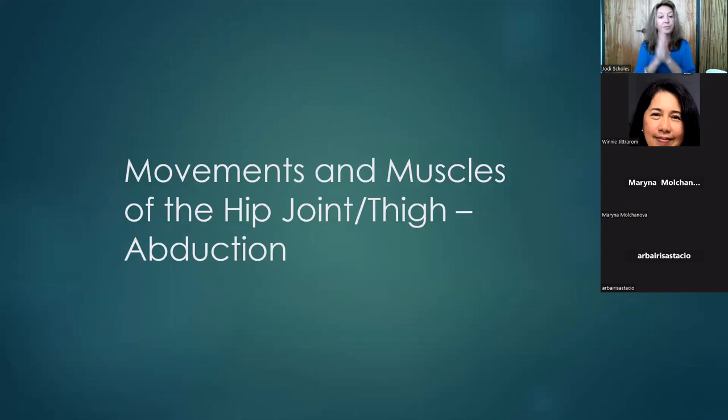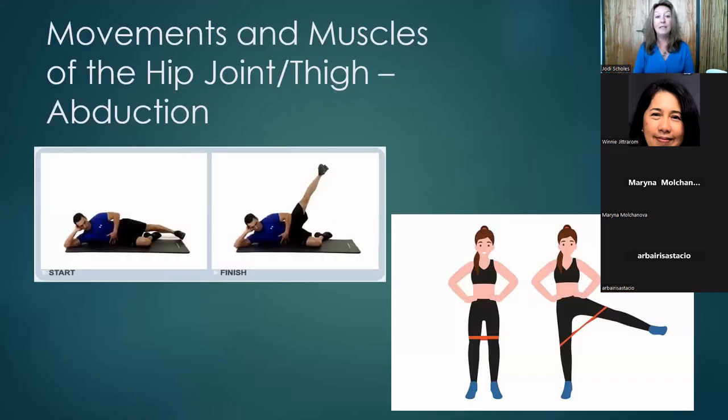All right. So let's look at abduction and adduction. Movements and muscles of the hip. Again, the coxal joint. This is an image of abduction. You can do that in the horizontal plane, the transverse plane, laying down, or you can do that standing up.